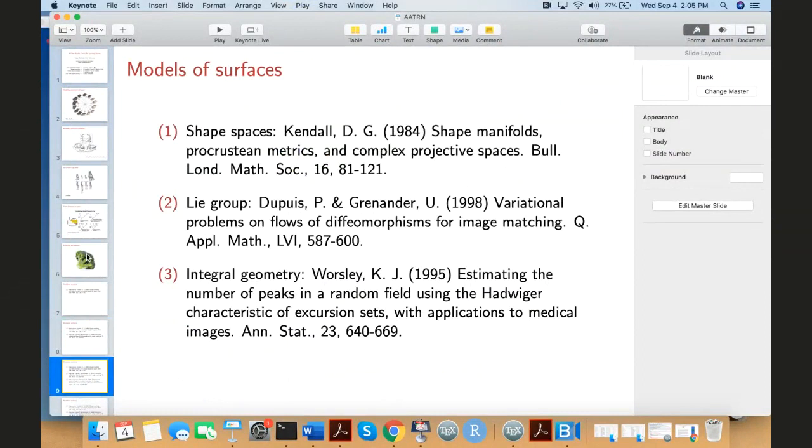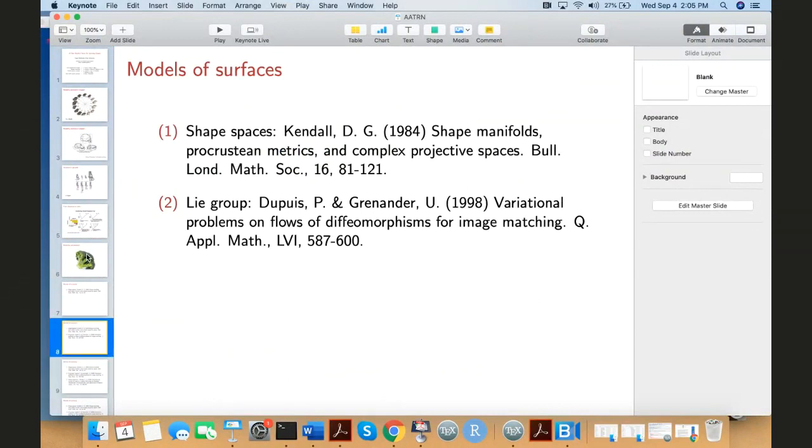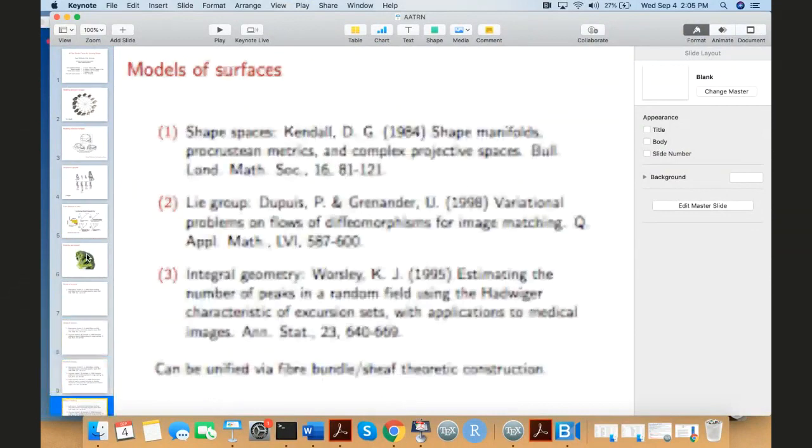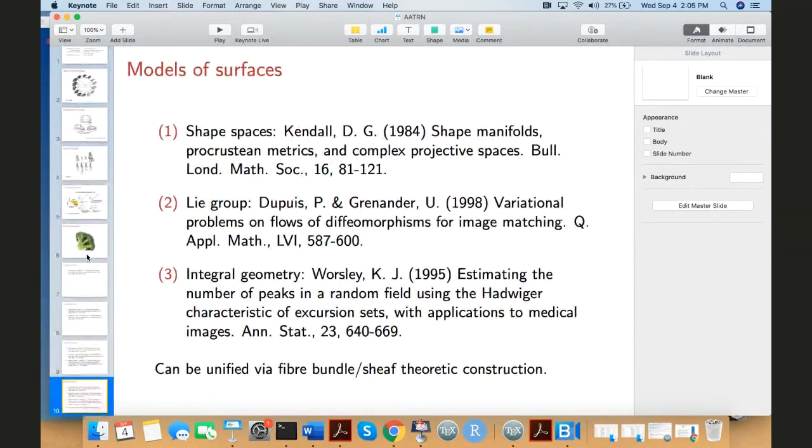The third approach is an idea using integral geometry, and these involve Euler characteristics, and that's one of the first approaches and representations that we're going to talk about later today. Now, one thing that's interesting, and I'm not going to talk about this so much today, is that all three of these approaches can actually be unified using ideas based on fiber bundles and sheaves.